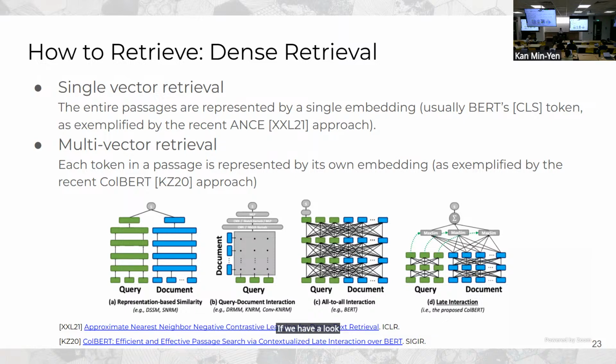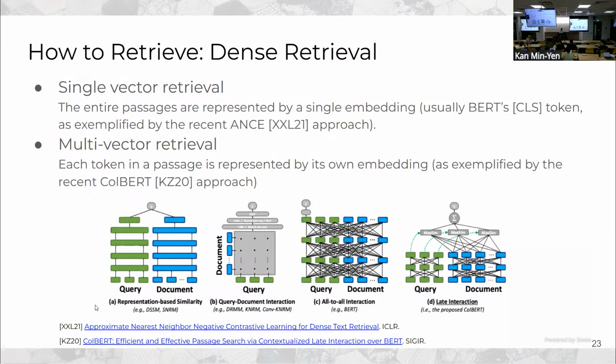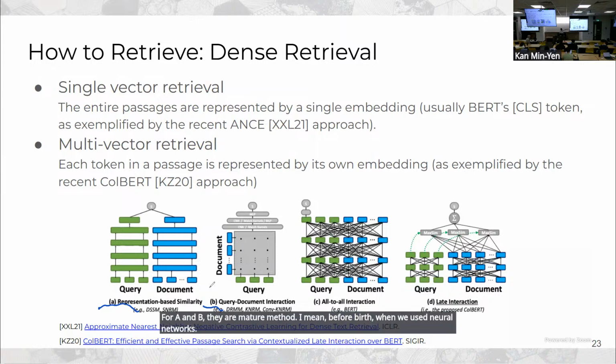If we have a look at the figure in the middle, for the previous two figures, namely A and B, they are mature methods. Within the era of pre-BERT, I mean before BERT, when we used neural networks, they were like this.